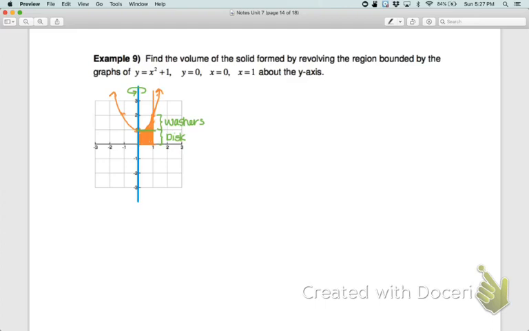Okay, so let's think about our rectangles. In this bottom piece, our rectangles are going to stay the same the whole way up. The radius is always going to be 1. Now you could set this up using an integral, or you could just set this up using the volume formula for a cylinder because it's constant. It's not going to make any difference.